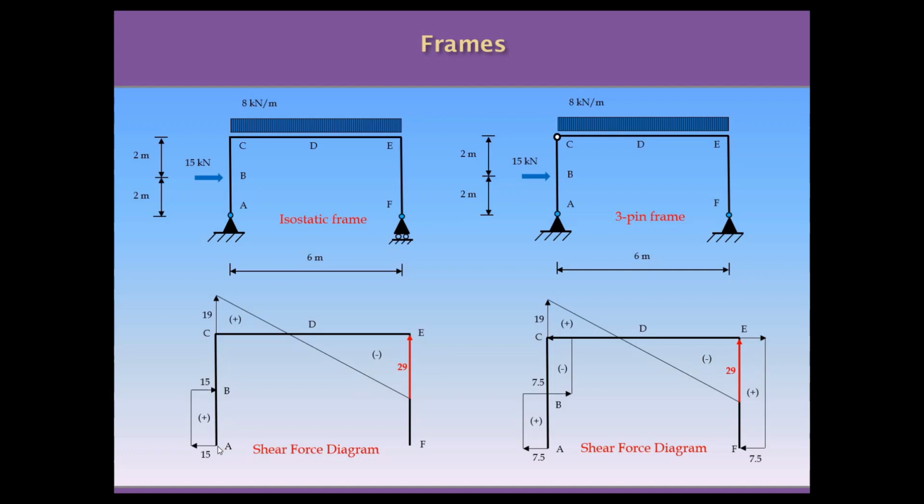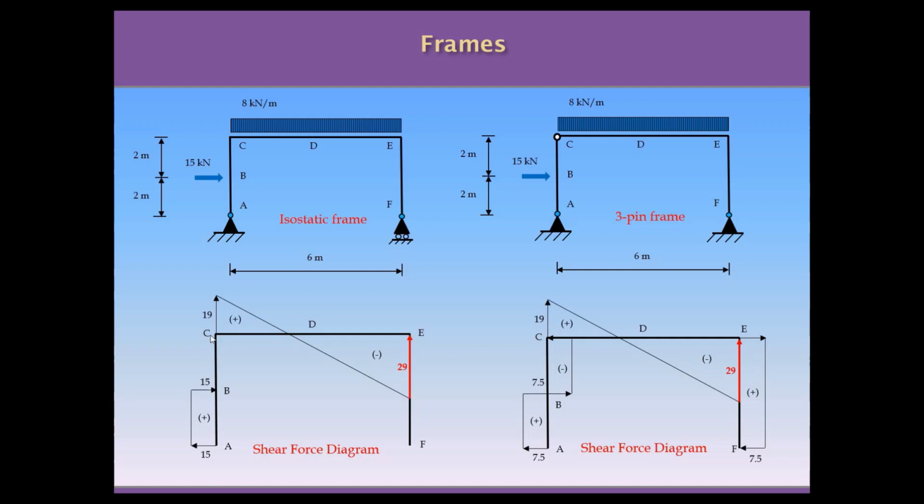Initially, in the simple supported frame we have shear forces from A to B only, and the value is 15 kilonewtons. For the three-pin frame we have less shear force on the column from A to C, the value is 7.5 only, and there is shear force from B to C. In comparison with the first structure, from B to C there is no shear force.